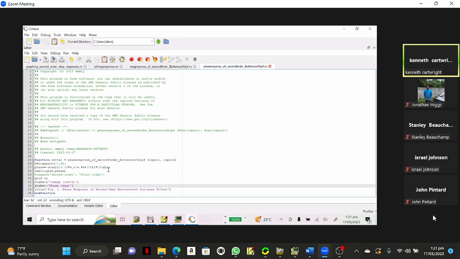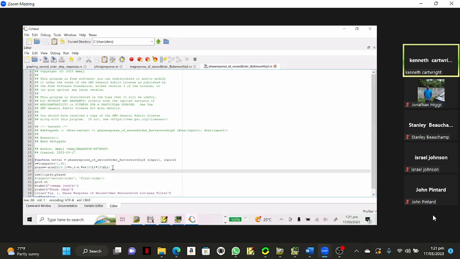First order, so that's phase. So phase 2 equals negative atan of, what was it?